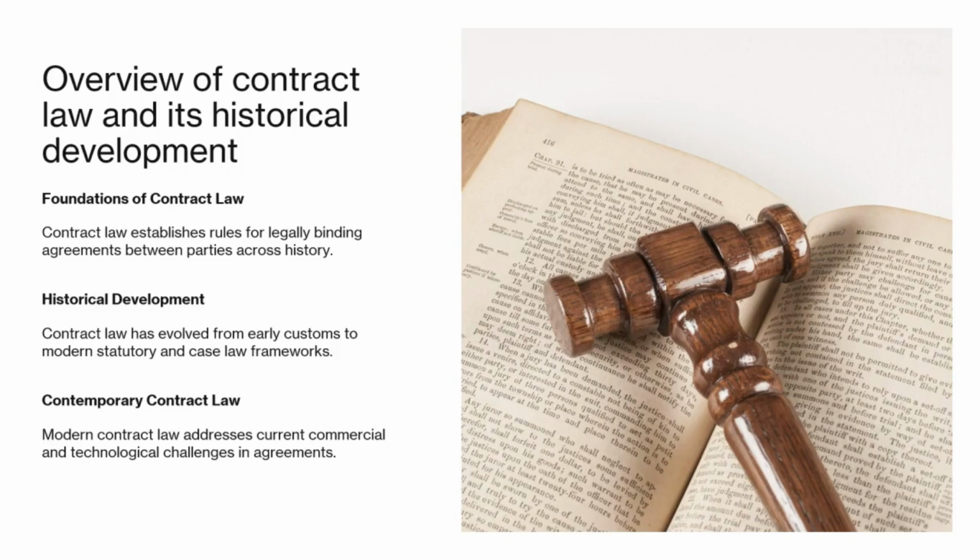Historically, contract law evolved from early customs and has now become modern statutory and case law frameworks. Modern contract law will address the current commercial and technological challenges in agreements, because a lot has changed over time.